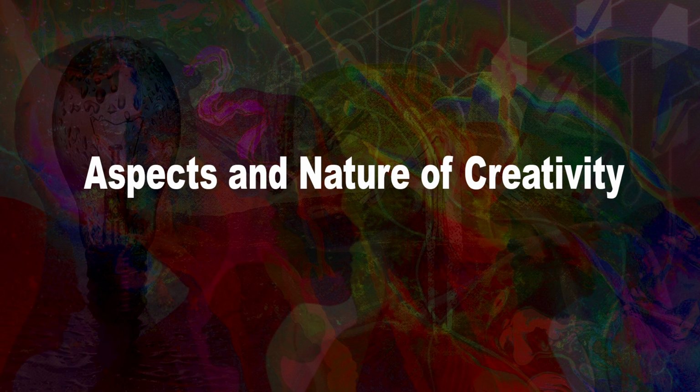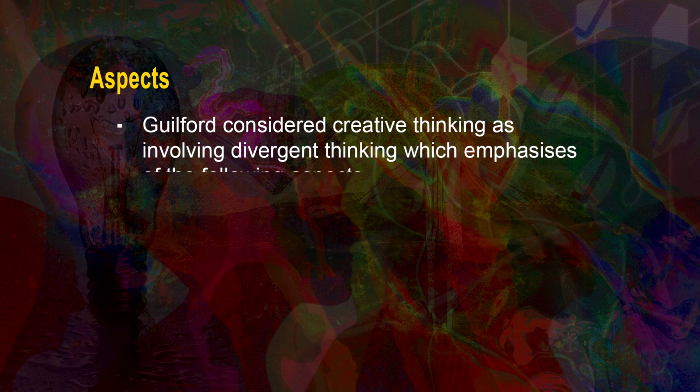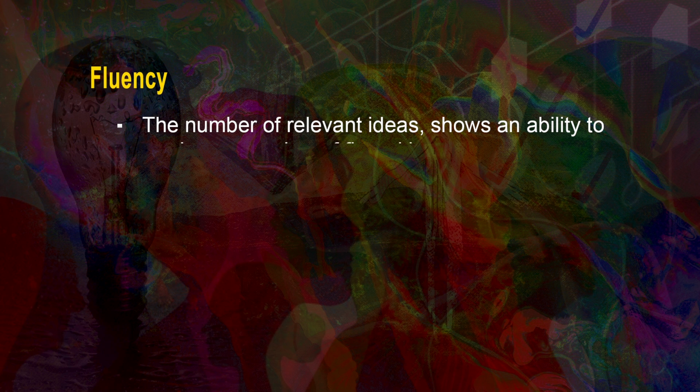Now, aspects and nature of creativity. Guilford considered creative thinking as involving divergent thinking, which emphasizes the following aspects. Fluency: the number of relevant ideas shows an ability to produce a number of figural images.